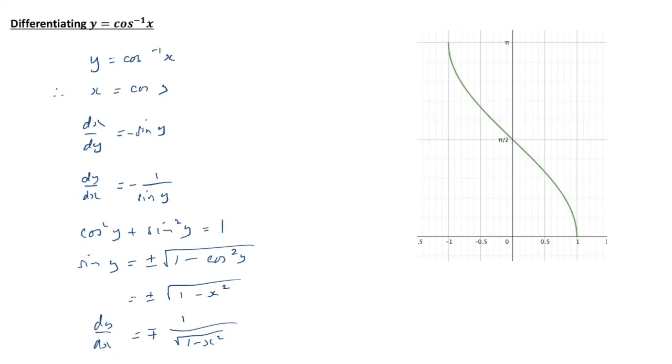So this time, with the cos to the minus 1 x curve, we can see that it has a negative gradient all the way along. So that tells us that dy by dx is less than 0, and that tells us we need to take the negative square root. So we have dy by dx is minus 1 over the square root of 1 minus x squared.